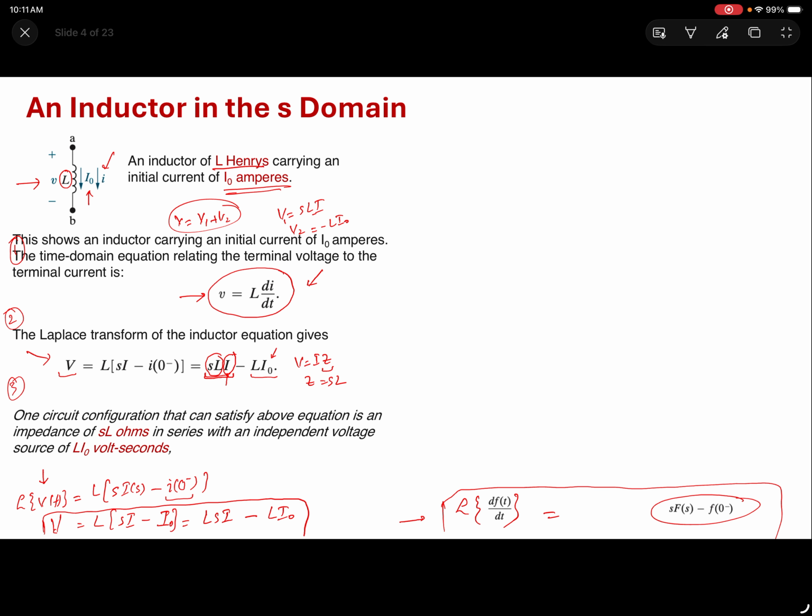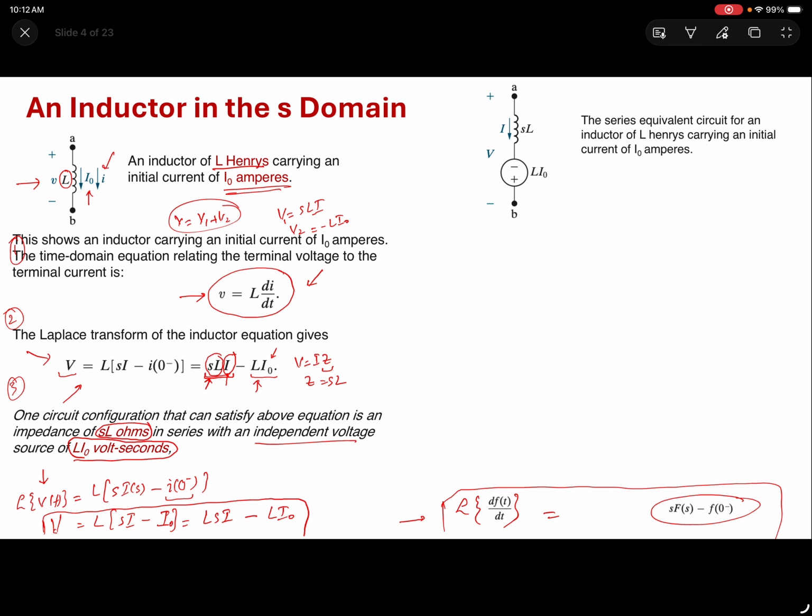So one circuit configuration that can come out of this equation has an impedance of sL ohms for the inductance, with the current I flowing through it, and in series an independent voltage source of L times I naught. This is a constant voltage source because I naught, the initial inductor current, is constant. So I can convert this equation into a circuit like this.